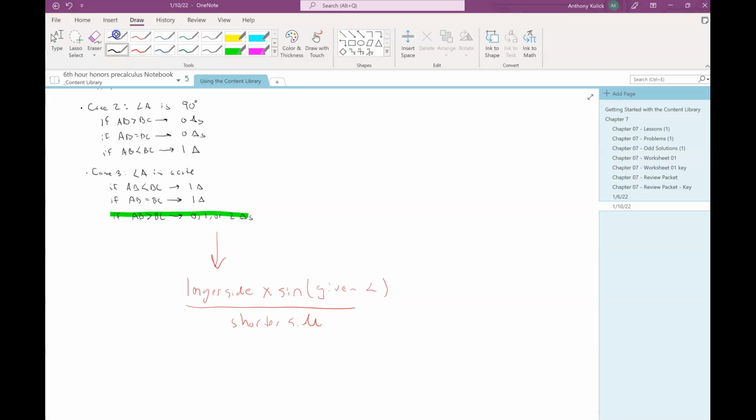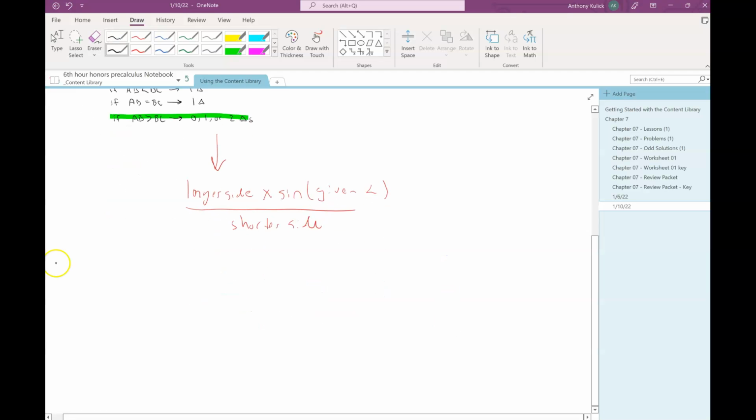Okay. So let's run through a couple of examples with these in this SSA situation to make sure that we feel okay working through all those details, because there's a lot of details there to sort through.